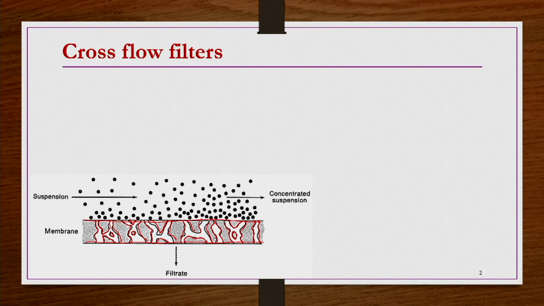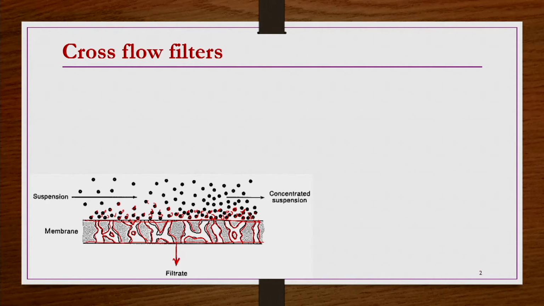Here in cross flow filtration, the suspension containing fine particles is allowed to flow across the membrane surface at high velocities. What happens is that some of the fine particles get deposited on the surface of the membrane like this, as shown in the picture. And the clear or almost clear permeate is collected as filtrate from the bottom like this.